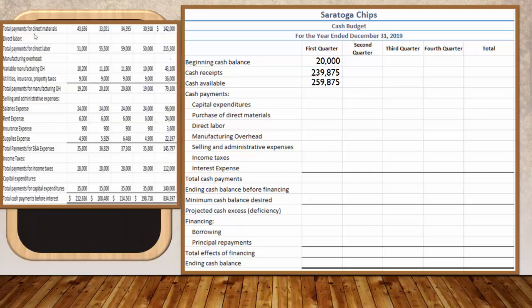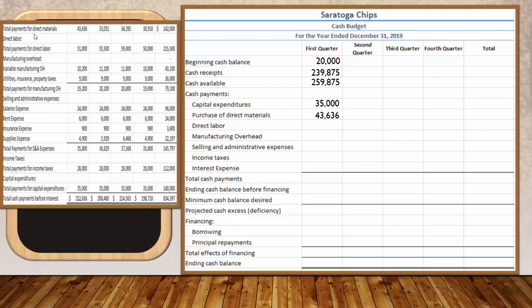So for capital expenditures, we're going to go to our schedule of cash payments budget, and we're going to find out that during the first quarter we had cash payments for capital expenditures of $35,000. Next, we have to figure out what we paid in cash for the purchase of direct materials, which you'll find on the very top row of the schedule of cash payments on your left-hand side, which was $43,636.